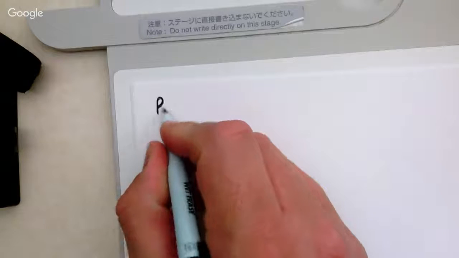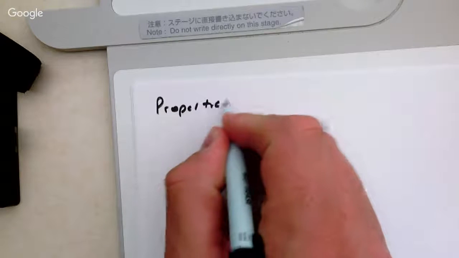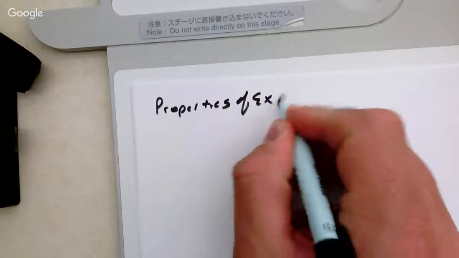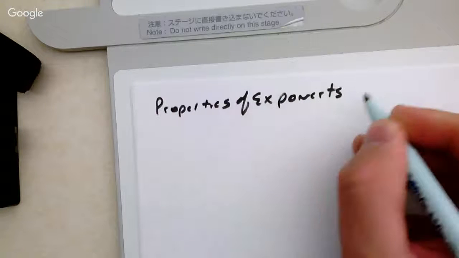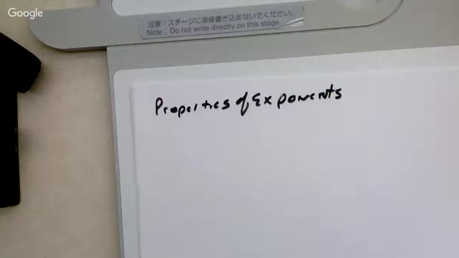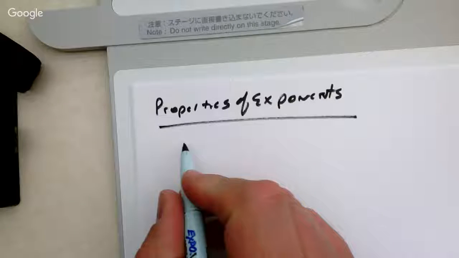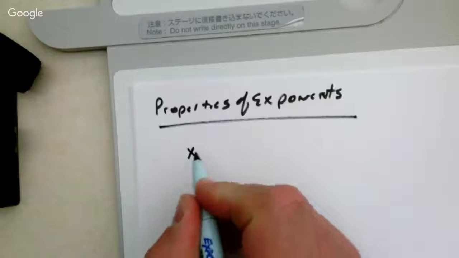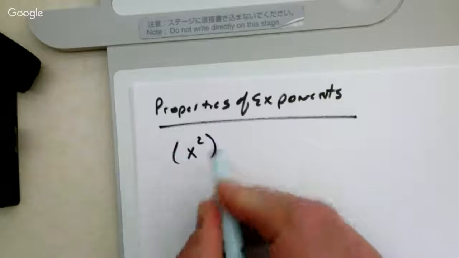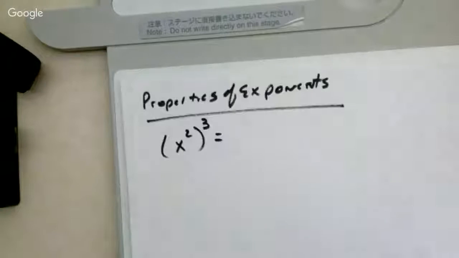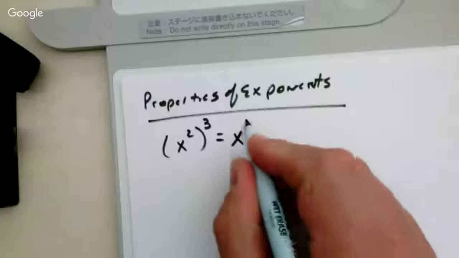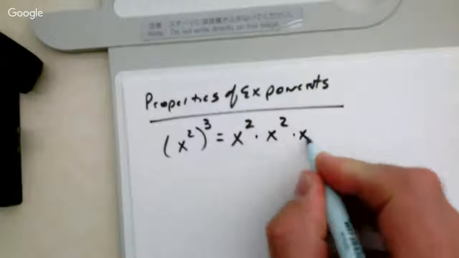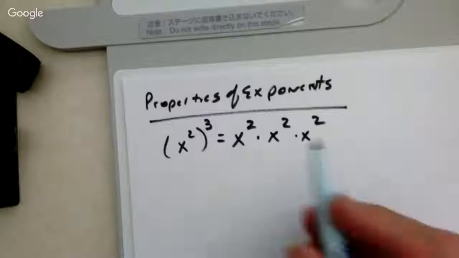So the last properties of exponents. Properties of exponents, here's what you got to do. So let's say we've got some fraction, x squared, and we raise the entire thing to the 3rd power. What does that mean? We've got x squared times x squared times x squared. Well, how many of those do we have?